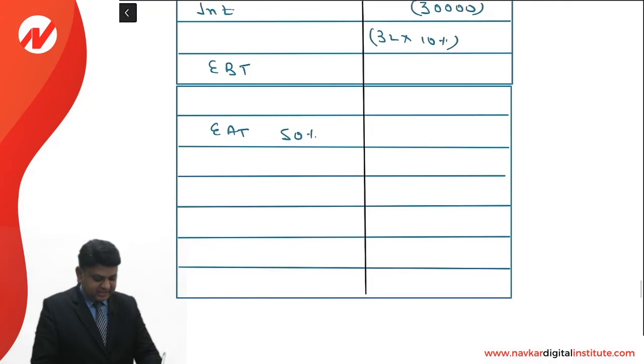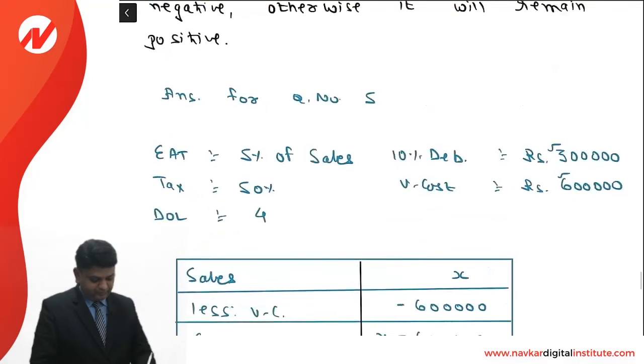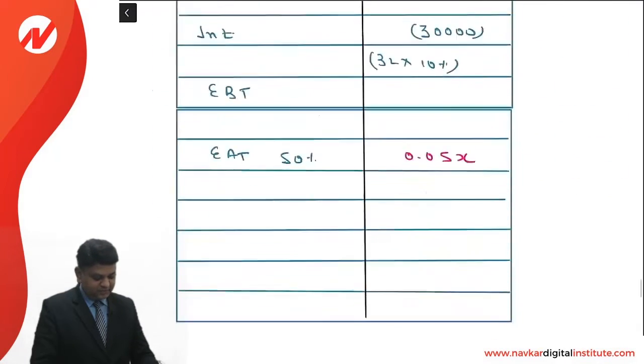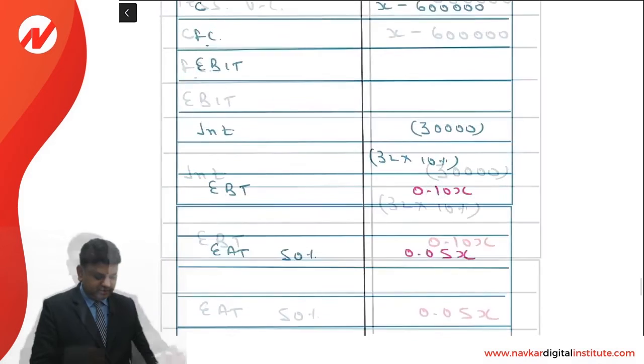Okay, so we can say that over here it is 0.05x. Why? Because the profit is 5% of the sales. That is provided over here. So earning before taxes will be double of that. It is 0.10x.